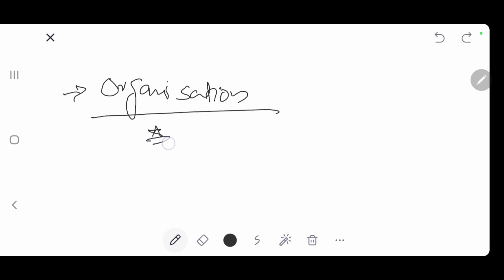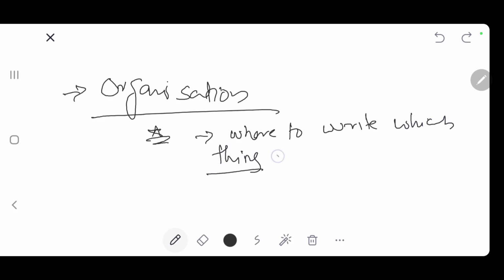Afterward, we have the next part, that is organization. In organization of the information, it is about where to write which thing. Should we write this thing in priority, or should we write this in less priority?